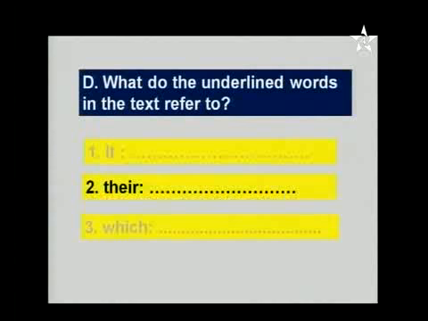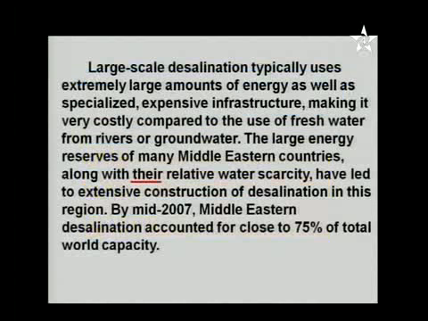Number two, there. Now what does there in the text refer to? Now let's go to the paragraph and find there. As you can see, there is underlined in red. So the question is, what does there refer to? Please, let's read from the large in the middle of the paragraph.